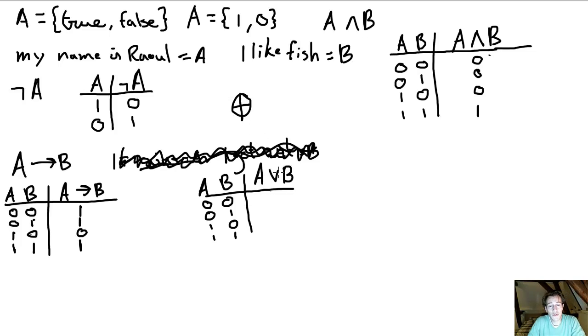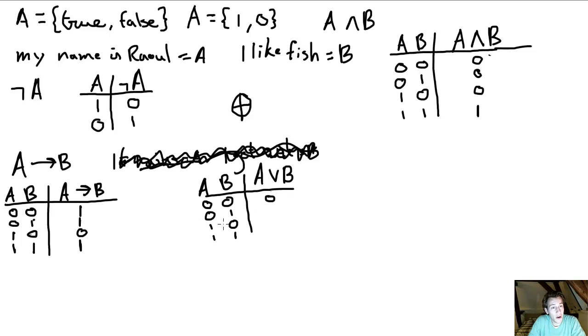But now we're going to the other or. So this means that if my name is Raoul, or if I like fish, then it's true. So only when they're both false, so my name isn't Raoul and I don't like fish, then only the or is false. So here they're both false, so then the or is false.